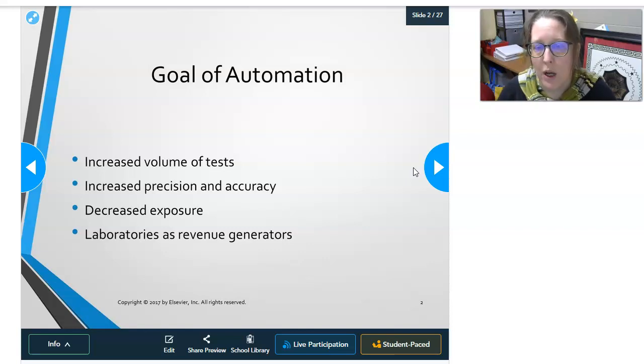Okay, also, one of the good things with automation is it has delivered increased precision and accuracy because basically the more you can take the human factor out of the equation, the more precise and less errors are going to happen. And not saying that it's flawless, but it is a lot better.